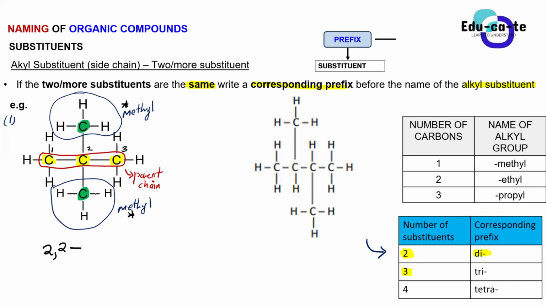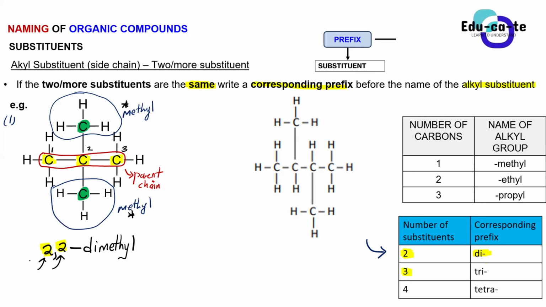To explain this numbering system: on carbon 2, we have a methyl group, and also on carbon 2, we have another methyl group. So you must indicate the 2, 2. You don't just say 2. If you just say 2, you are talking about only one methyl group. But if you say 2, 2, it means that we are having 2 methyl groups here, both of them found on carbon number 2.